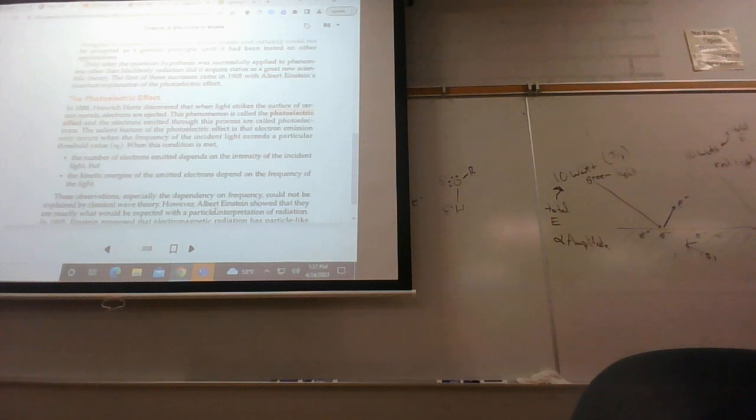It's going to get hotter, probably, but we aren't going to see any electrons being ejected here. Let's go to 1,000 watts, which is 100 times more energy than 10 watts over there. Do we see any electrons being ejected? No.